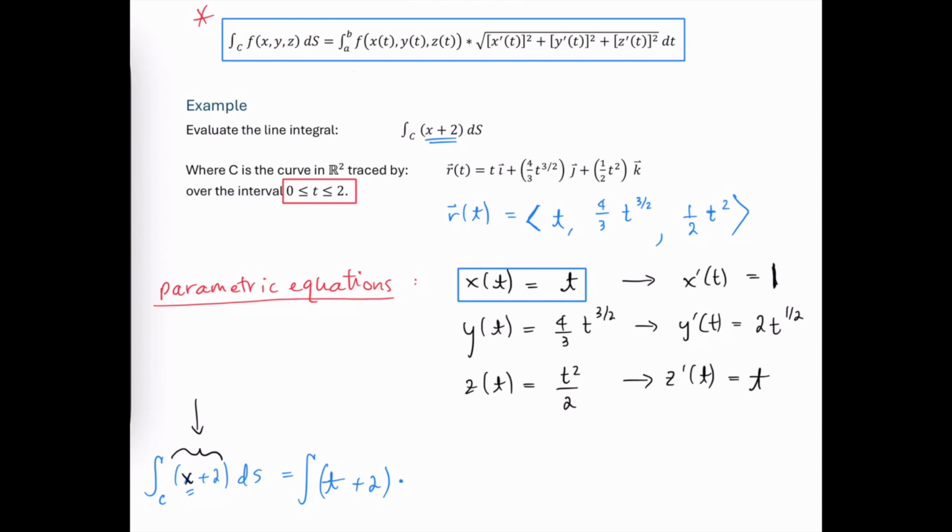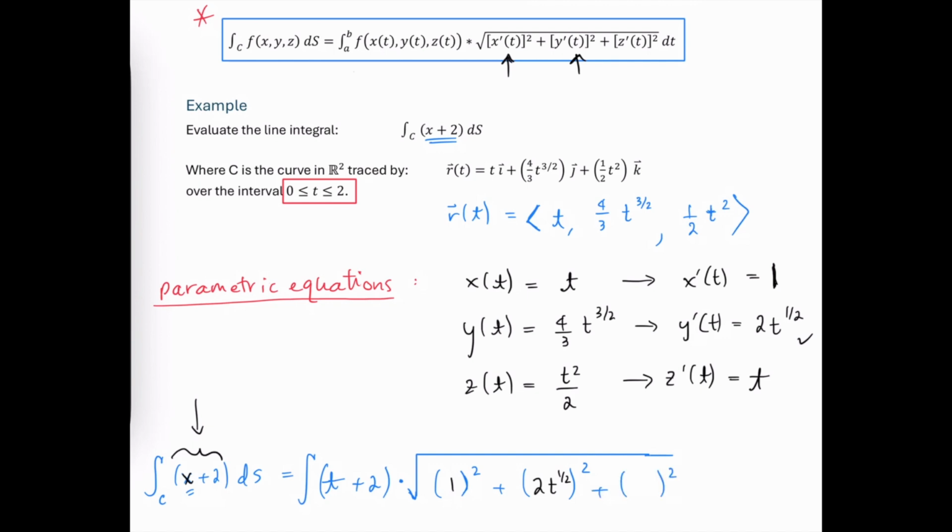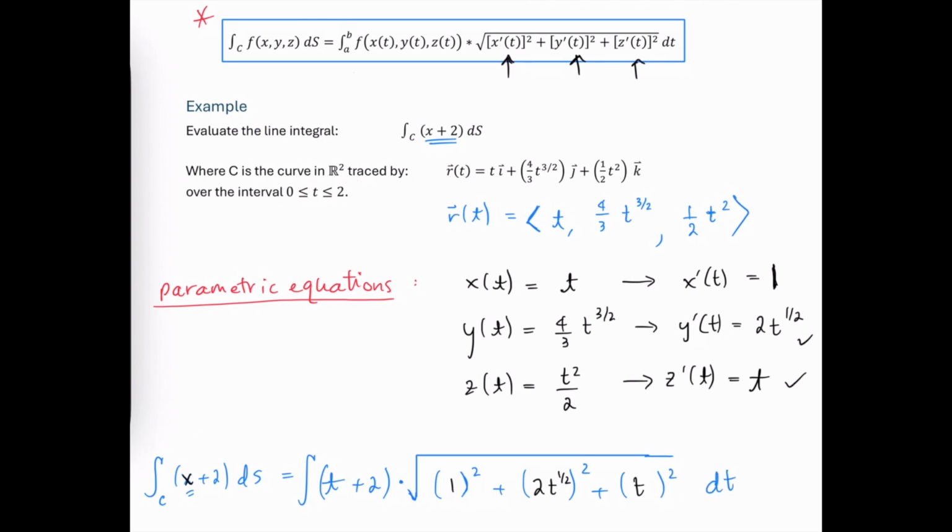And then to that, we're going to multiply by a giant radical, where the radicand is x prime at t quantity squared, so that's just going to be 1 squared, plus y prime at t quantity squared, well that's 2t to the 1/2 quantity squared, plus z prime t squared is going to be t squared, and then we're integrating with respect to t. Let's notice that our t parameter goes from 0 to 2, so from 0 to 2 are the limits of integration here.